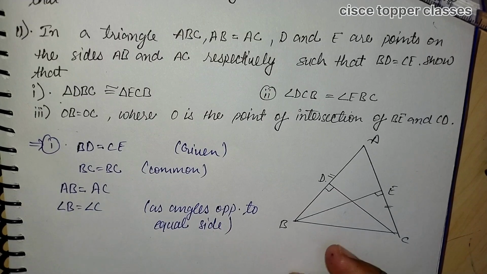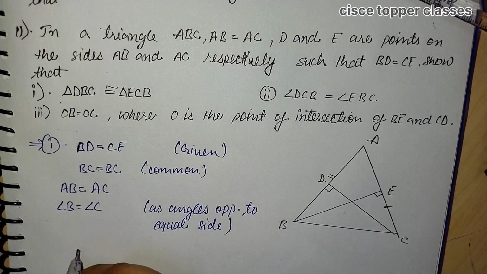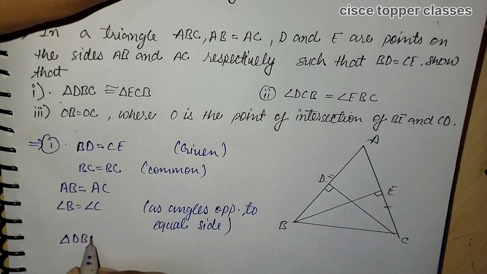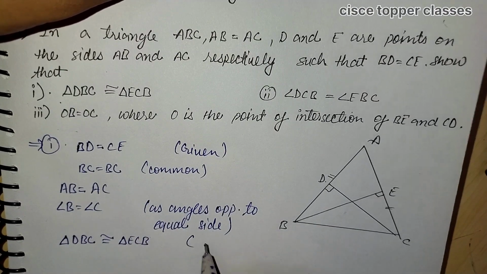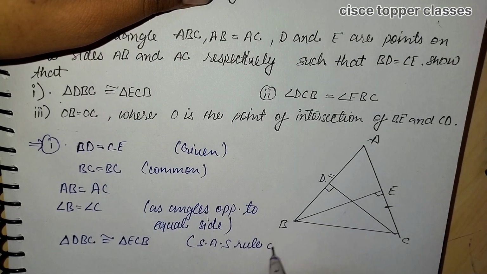So from here we have side angle side congruency. So we can simply write triangle DBC is congruent to triangle ECB. So this is by the side angle side rule of congruency.